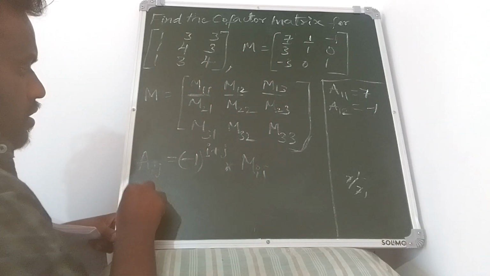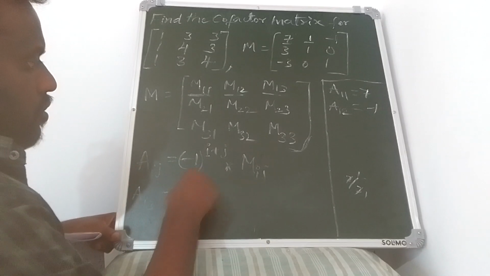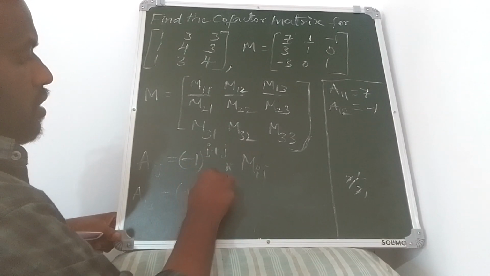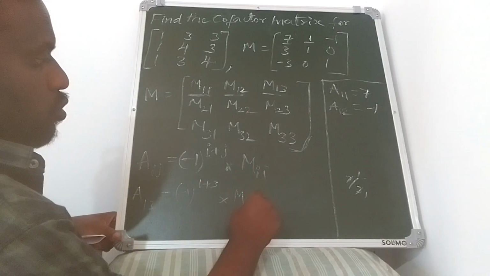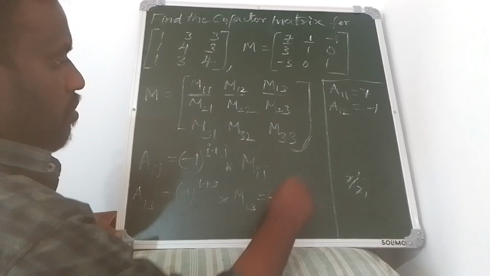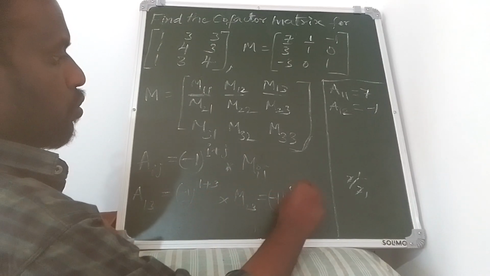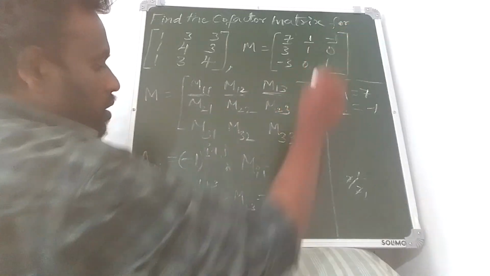A13 is equal to minus 1 to the power of 1 plus 3, 4, into M13. In place of M13 we have minus 1.